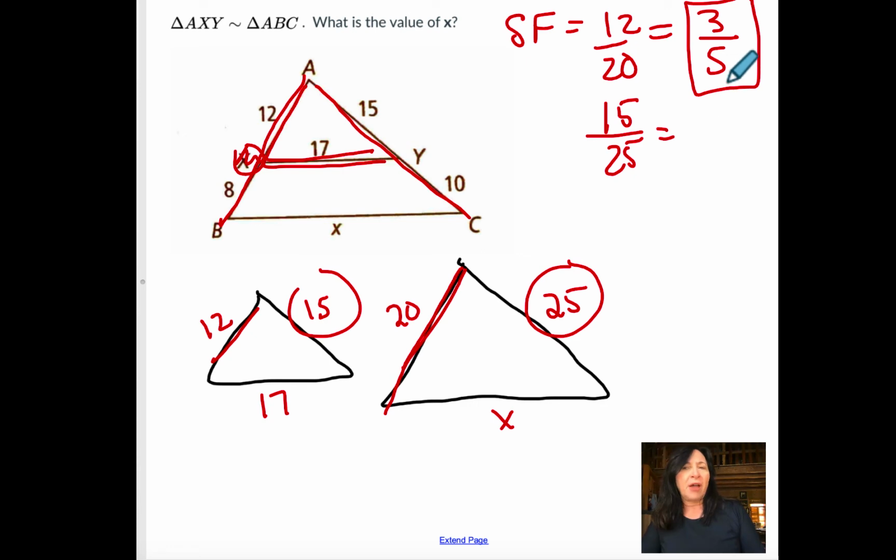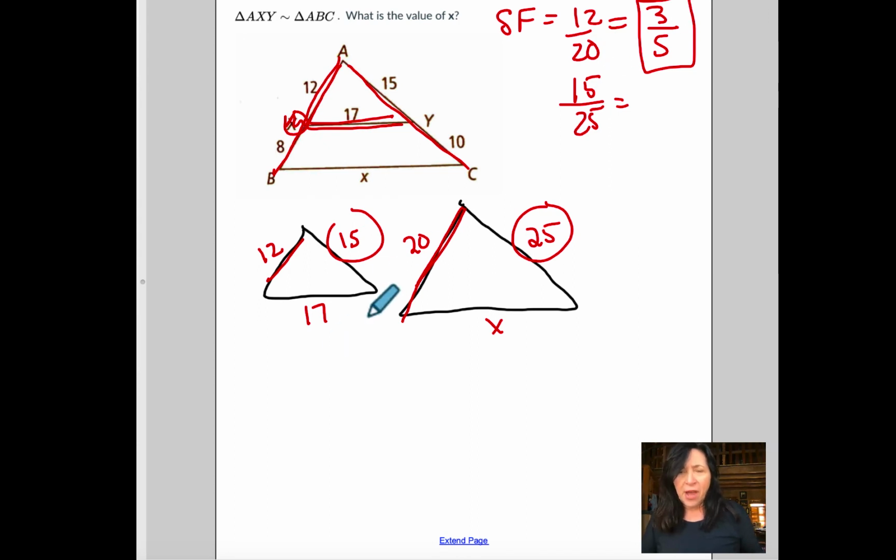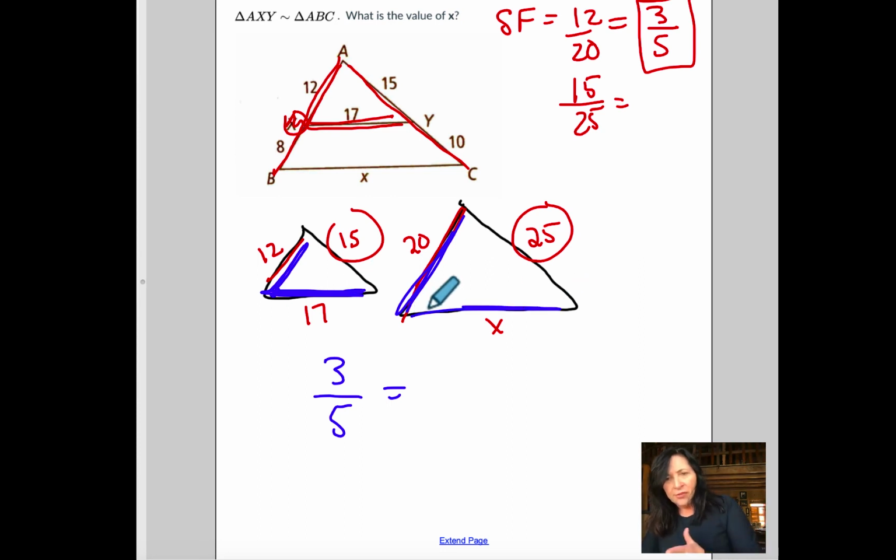If I divide by 5, I still get 3 over 5. All right, so to find the value of x, I'm going to use my scale factor, which is 3 to 5, and I'm going to go 3 is to 5, so left side is to right side, as 17 is to x.